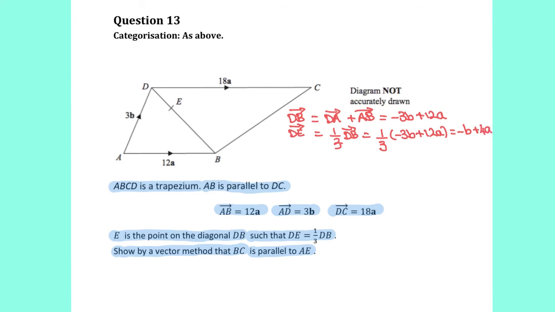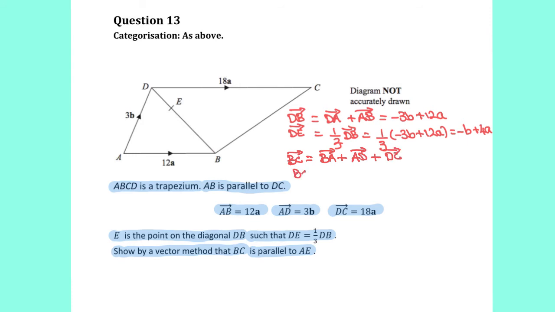Now let's find BC. So vector BC is equal to vector BA plus AD plus DC.